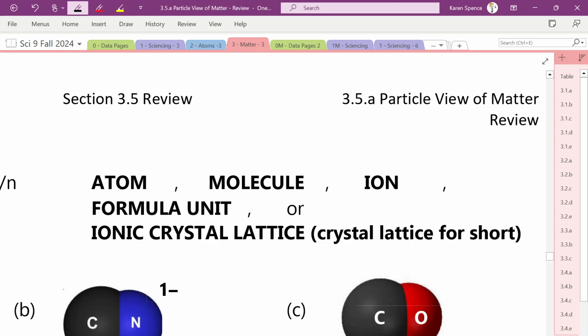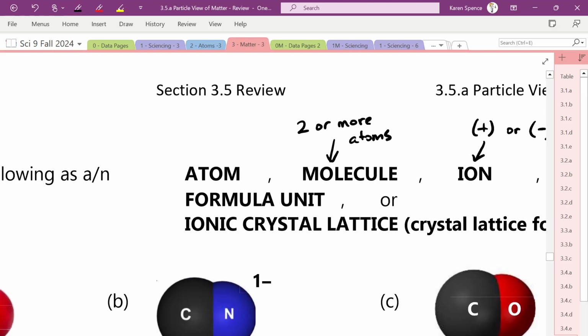If anyone's having any problems, a molecule is two or more atoms. An ion has a positive charge or it has a negative charge.